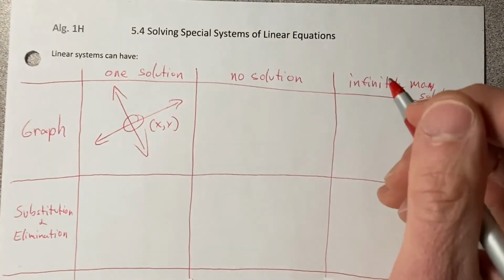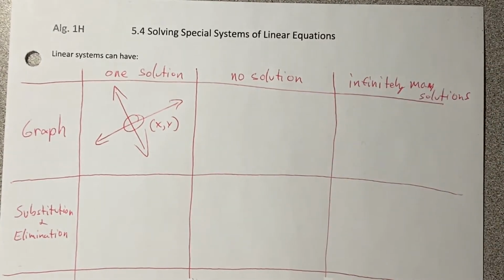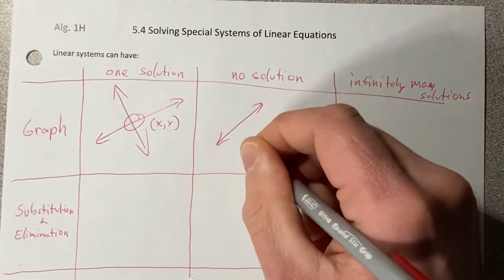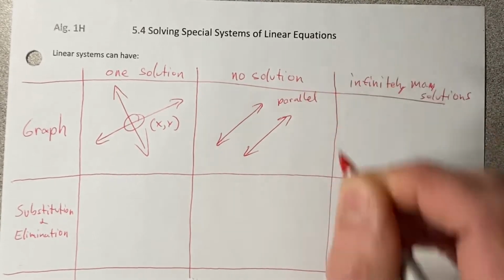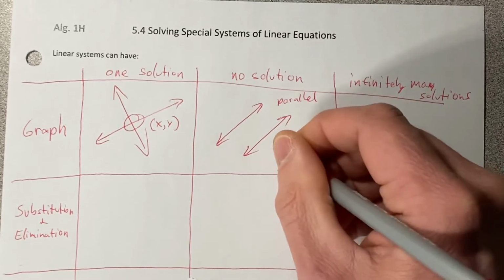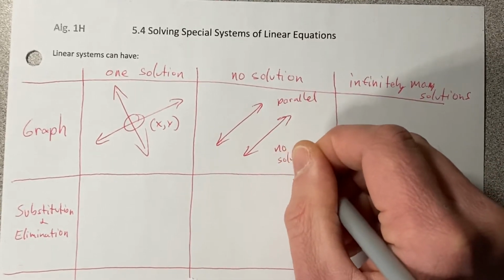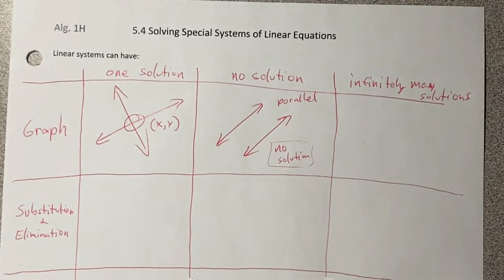Think about what situation would have them not cross, and you pretty quickly realize, oh yeah, parallel lines. If you graph them and they're parallel, then you're going to get no solution, as soon as you realize that they're parallel.